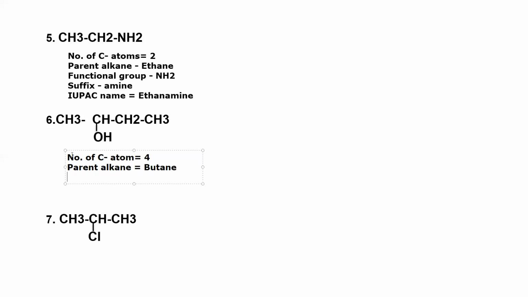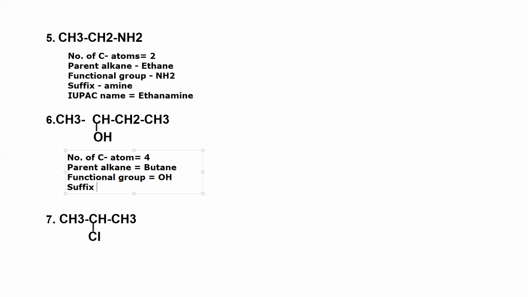Okay. Which is the functional group present? That is the next step. The functional group present is OH. What is OH? Alcohol is present as the functional group. If alcohol is present, what should be the suffix?